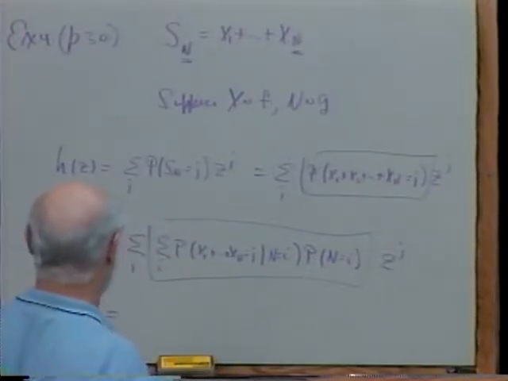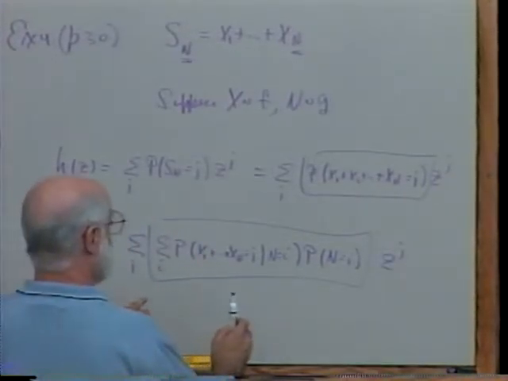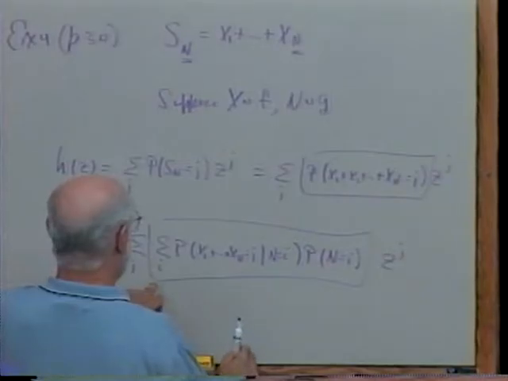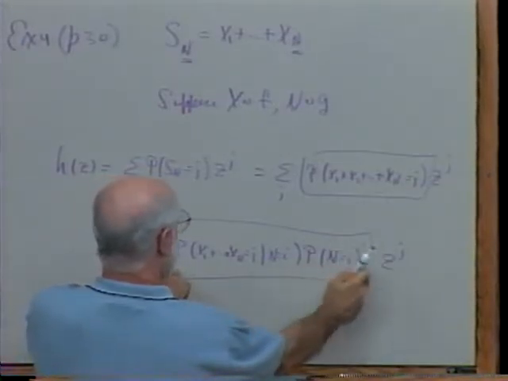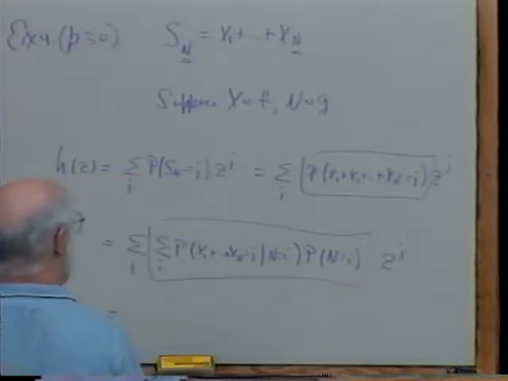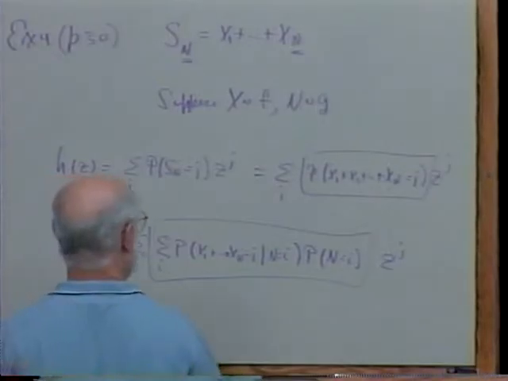I want to interchange these summation signs somehow, right? So here I have the sum over i, and here I've got z to the j. I know what I want to do.